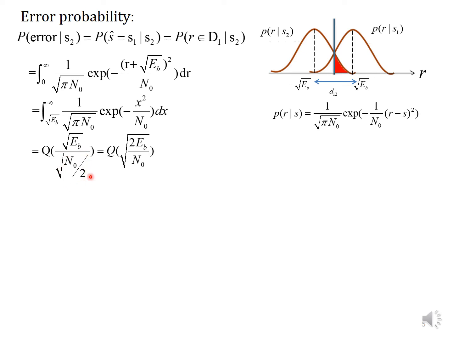Half of the d minimum would be the square root of EB, and the standard deviation would be the square root of N0 over 2. So we have the error probability of S2 as this Q function. Okay, remember this is the Q function.